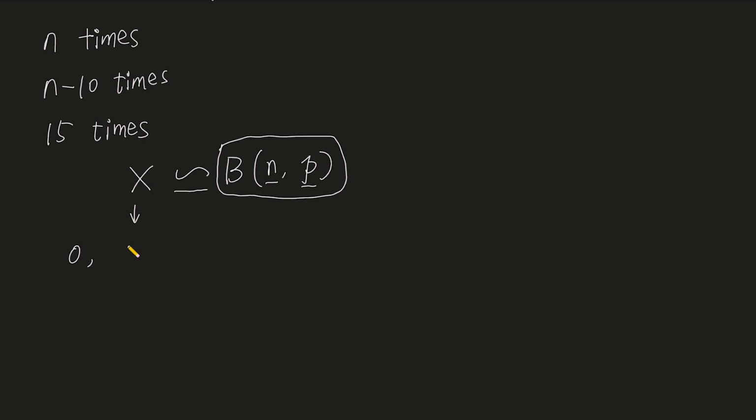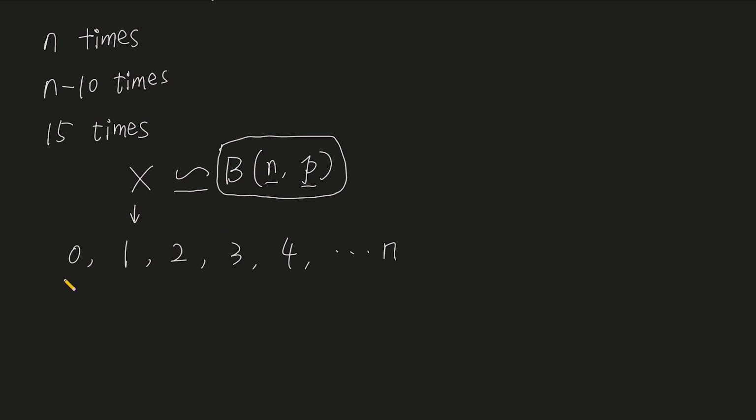And the possible value also can be 1, because it's possible that only one experiment is a success. And the possible value also can be 2, because it's also possible that only 2 experiments are successful. And so on, 3, 4, until n. Because it's also possible that all the n experiments are successes.